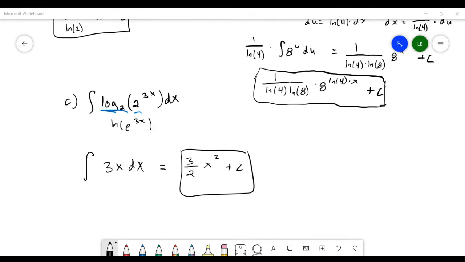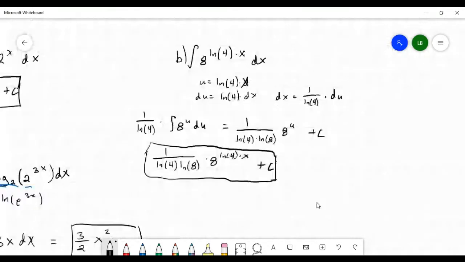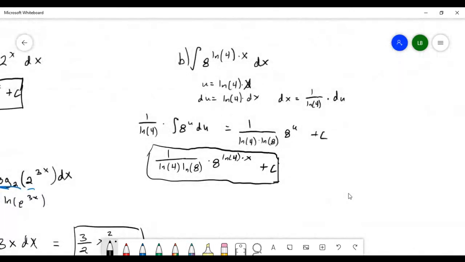Yeah. So part B, what we needed to do is we just made a u substitution, where u was the power of our function. So we let u equal to the natural log of 4 times x. But the natural log of 4 is just a constant, so we can treat it like a constant.